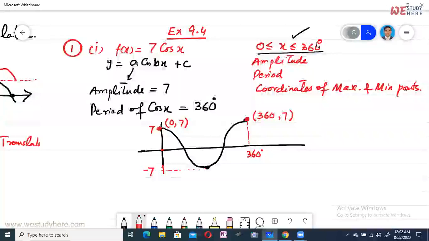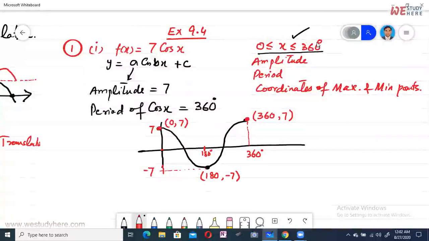The minimum value comes at the middle of 0 to 360, which is 180 degrees. Along the x-axis it is 180 and along the y-axis it is down, meaning -7. The x coordinate is 180 and the y coordinate is -7.